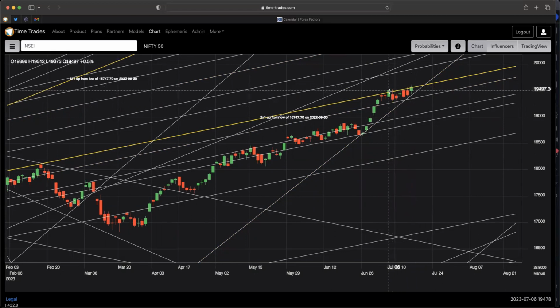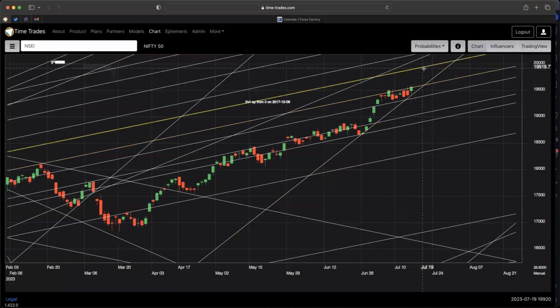So let's see if we can keep the bullish momentum going here and potentially move up into this next higher Gann Fan, which is a 2x1 up from 0 that started in 2017. So that would be the upper cap on any potential move. We do have a Gann Fan crossover here between the 19th and the 20th, so that's something to watch very closely.